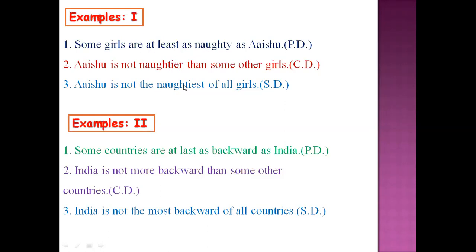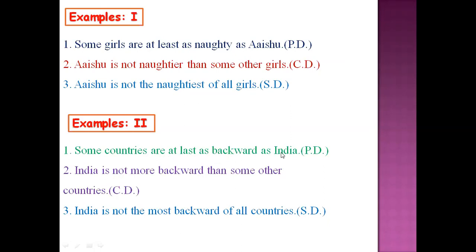These adjectives are changed in PD, CD and ST, like positive degree, comparative degree, and superlative degree. In the same way, let's look at another example also. Some countries are at least as backward as India. Some countries are at least as backward as India.